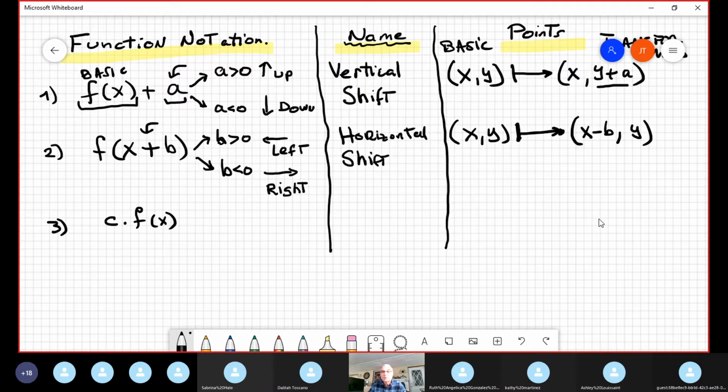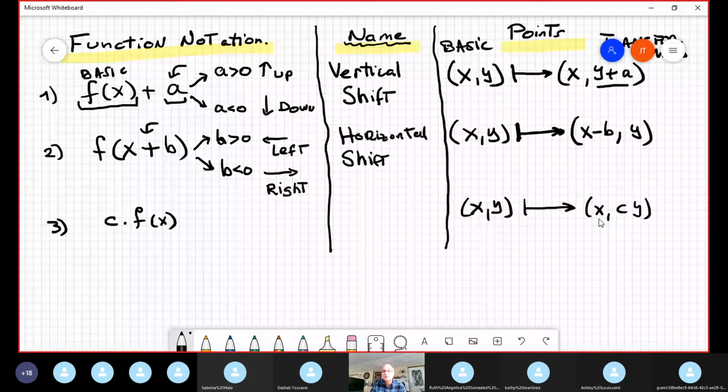Let's see what happened with the point, before defining the name. This is the point of the basic function, x comma y, and you transform it and you multiply by any number c, outside the parenthesis, not inside. And when you multiply outside the parenthesis, you affect the y component and the x component stays the same, but the y component is multiplied by c, cy.